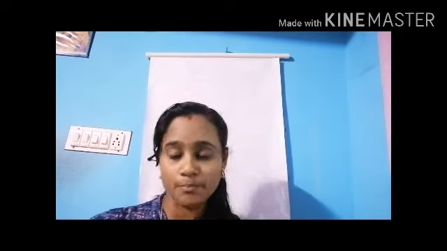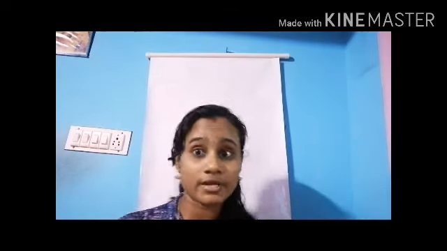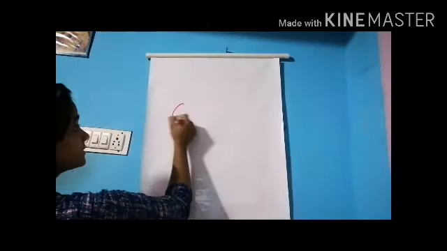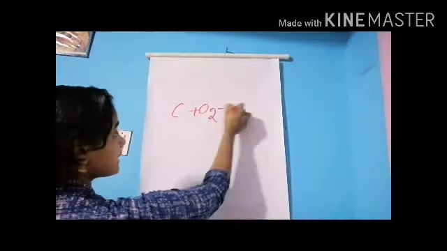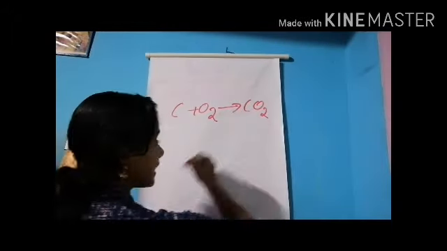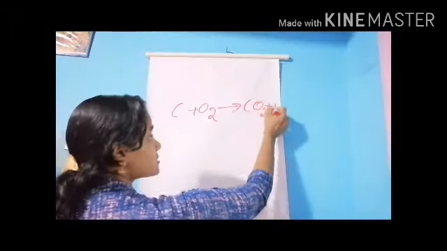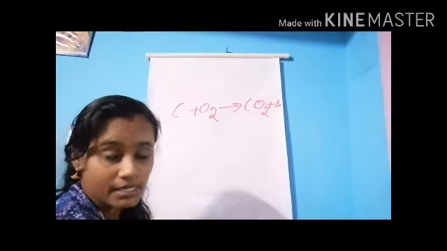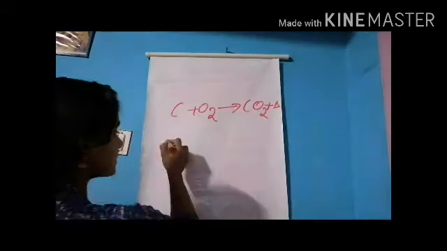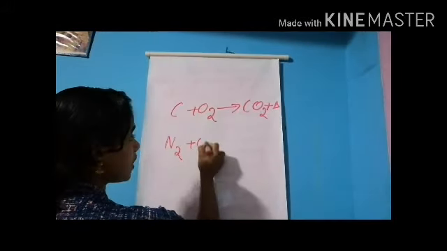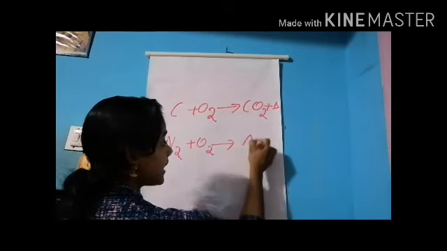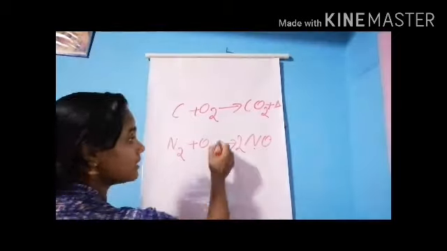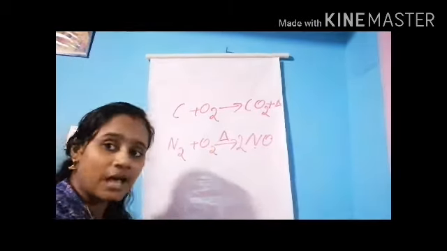Sixth, during the formation of a compound, energy is either absorbed or liberated. For example, carbon combines with oxygen to form carbon dioxide, and a large amount of heat energy is liberated. But in the preparation of nitric oxide, nitrogen combines with oxygen to form nitric oxide, and a large amount of heat energy is absorbed.